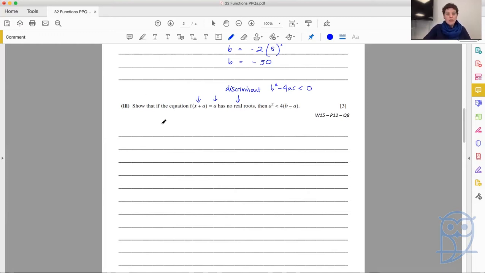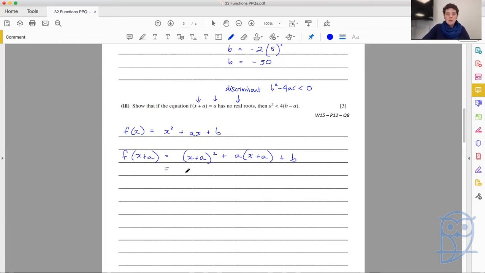So we know our original equation is f(x) equals x squared plus ax plus b. Okay, we don't have values for a and b. So now we're going to do f(x plus a) equals (x plus a) squared plus a(x plus a) plus b, substituting in that x plus a everywhere there was x.